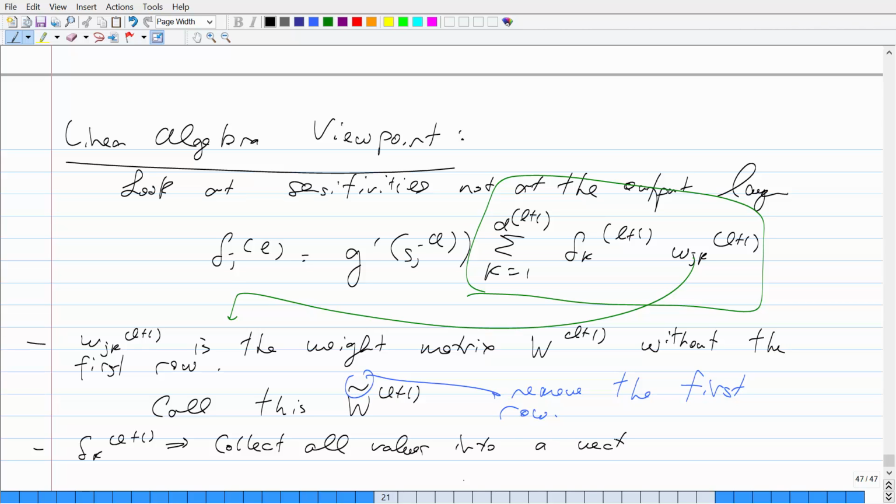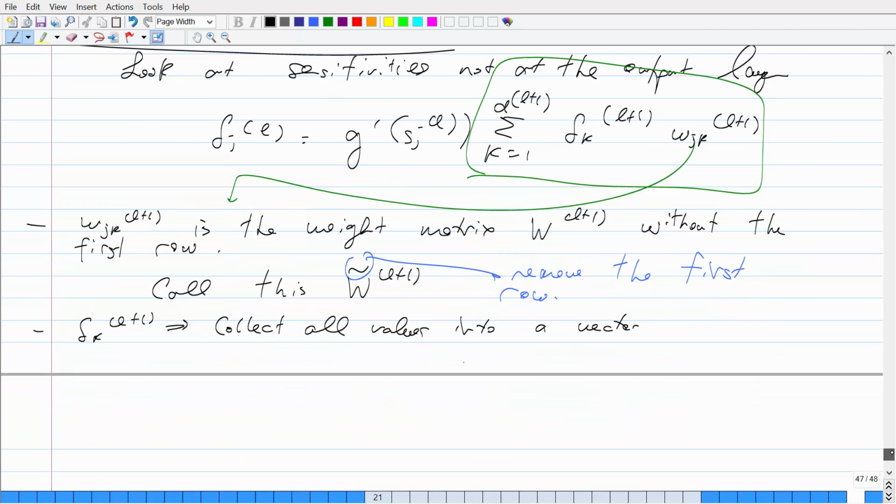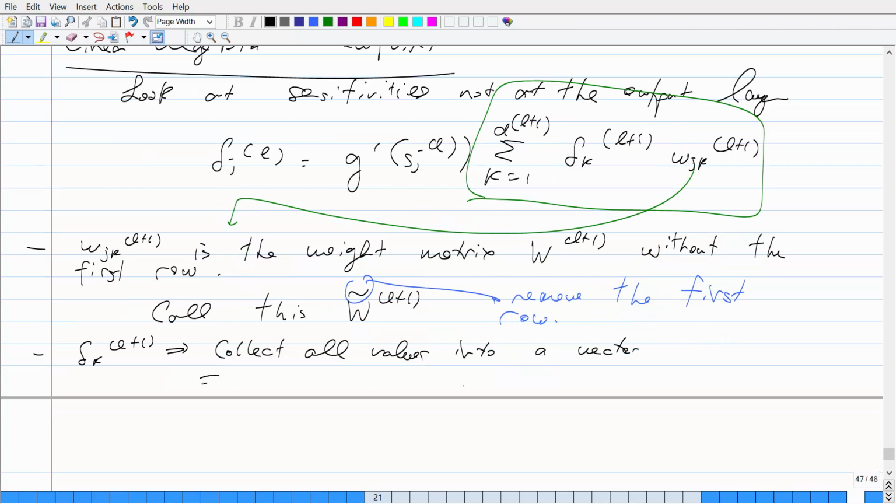So you can represent all the sensitivity values for the next layer in one vector, the sensitivities for layer L plus 1, all right?